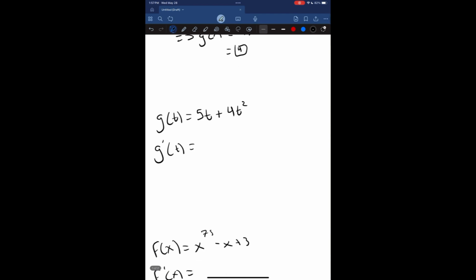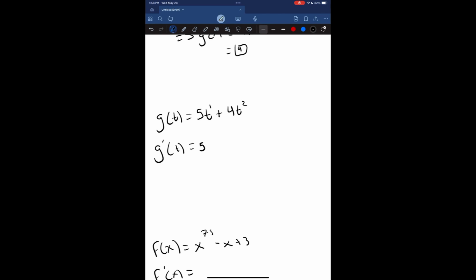Alright, let's take a look at another one. Let's say we're given the function g of t, and it's equal to 5t plus 4t squared. Let's find the function's derivative. Doing the same thing, we're going to keep our constant right here, because it's multiplied by a variable. We're going to multiply by the 1 that's up here, and I'm not going to write that, but let's just imagine that we have multiplied by it.